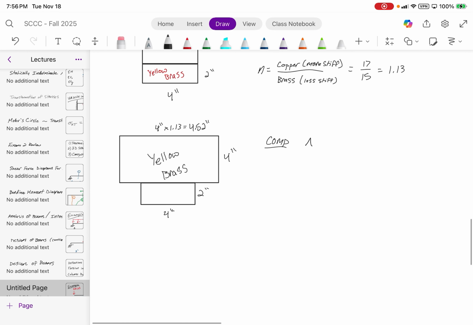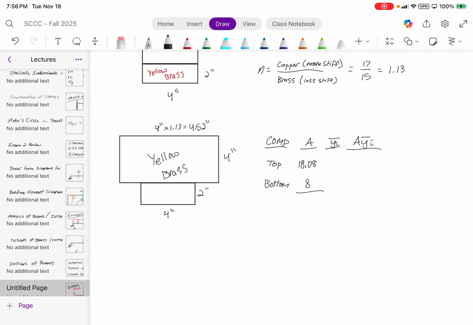You're gonna have component, area, y bar, I'm gonna call it y bar i, and then A times y bar i. We're gonna have top and bottom, I'll call it. Area of the top, 4 times 4.52, is gonna give us 18.08. And then for the bottom it is 8.